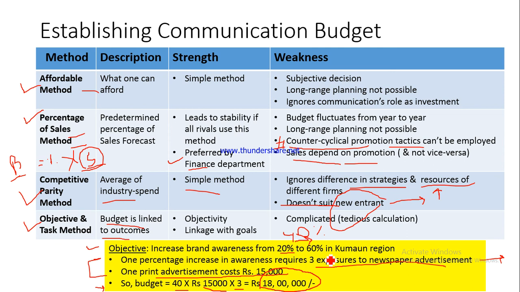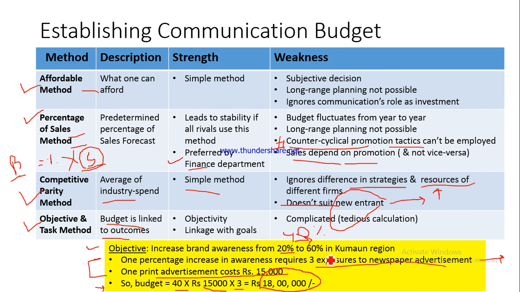See, you do not only go for newspaper advertisements, you may have television advertisements lined up. You may go for various kinds of public relations exercises. You may host an event, right? You may sponsor an event. You may hire some celebrity to endorse your product. You may go for sales promotion.